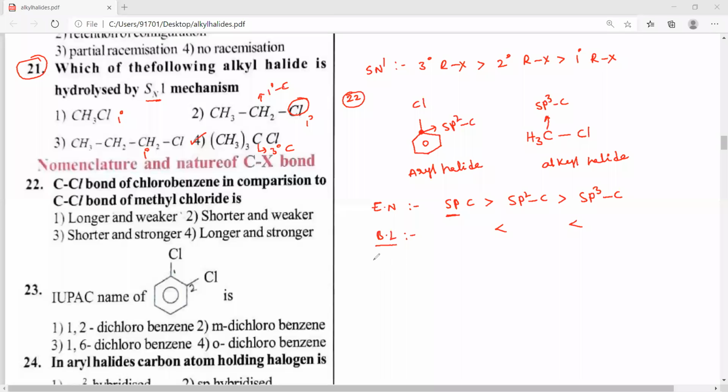What about the strength, the bond energy? The bond strength is more for sp, then sp2, and then sp3.